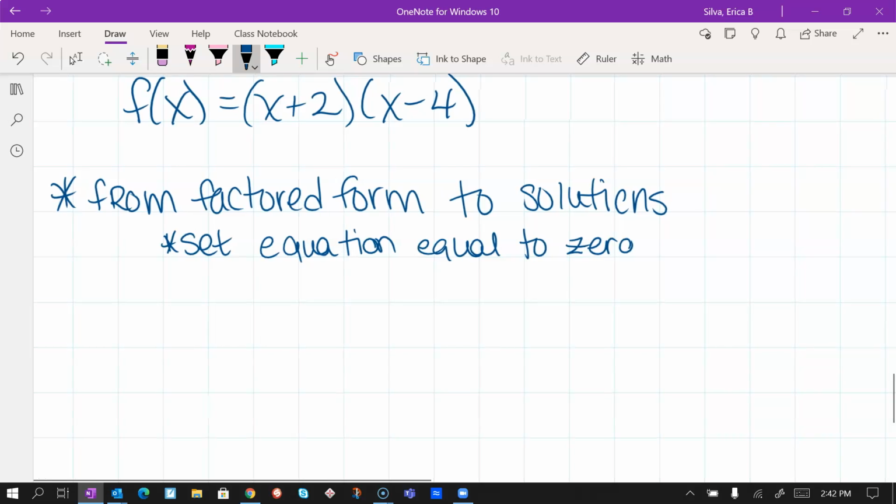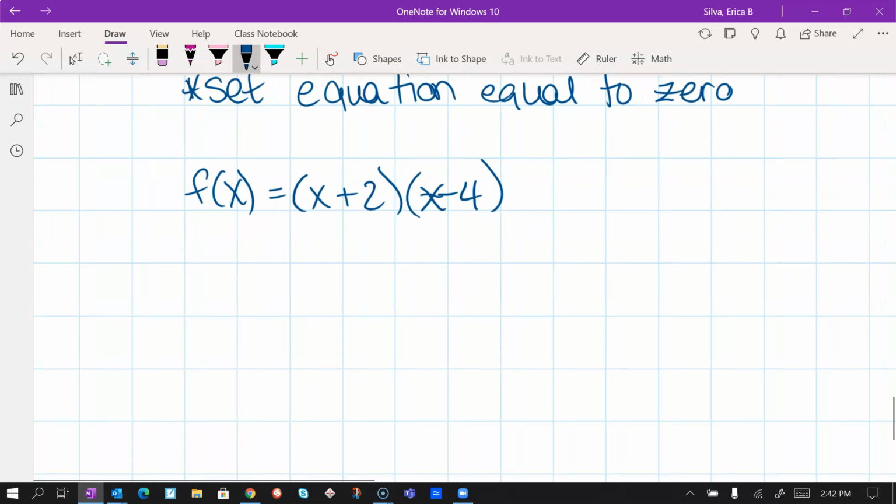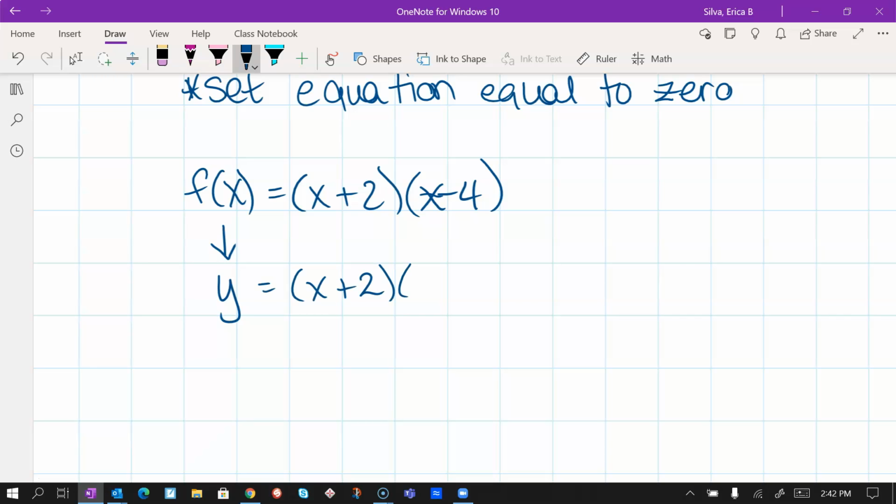Now why do we do that? We've got f of x equals x plus 2 and x minus 4. And what's another way for us to say f of x? Y. So y is equal to x plus 2, x minus 4.